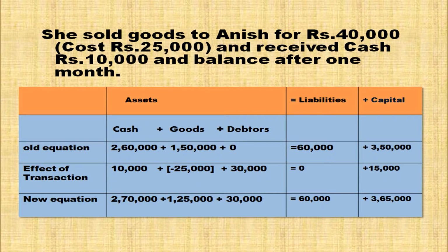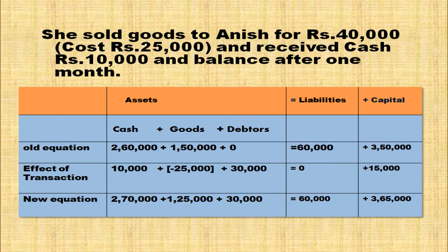In this question we have a profit, so it is added to the capital, plus 15,000 with capital. So, in the cash column, 2,60,000 plus 10,000 will give you 2,70,000. In the goods column, 1,50,000 minus 25,000, 1,25,000 will be the balance. Debtors column 30,000.